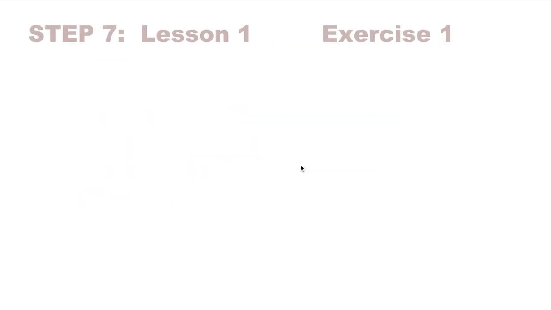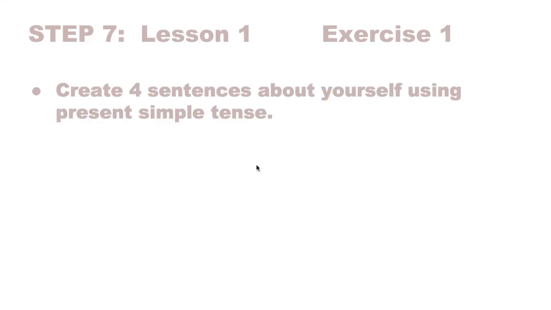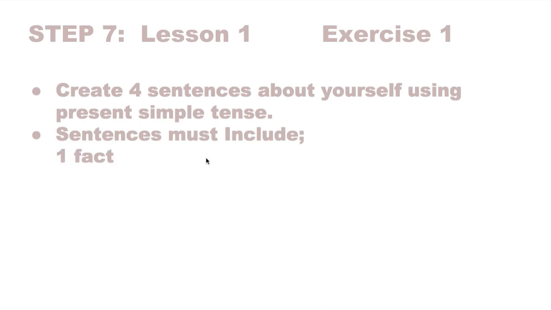Okay, on to practical exercises. You can go and create 4 sentences about yourself using the present simple tense. Furthermore, ensure that these sentences include 1 fact, 1 routine, 1 negative aspect, and 1 positive aspect.